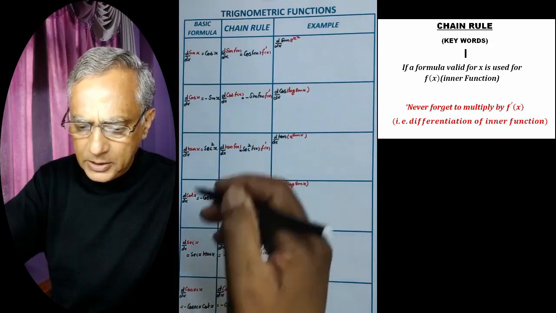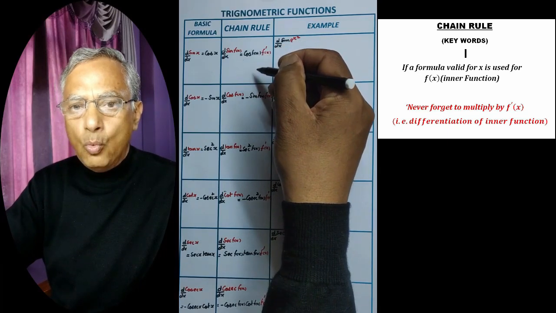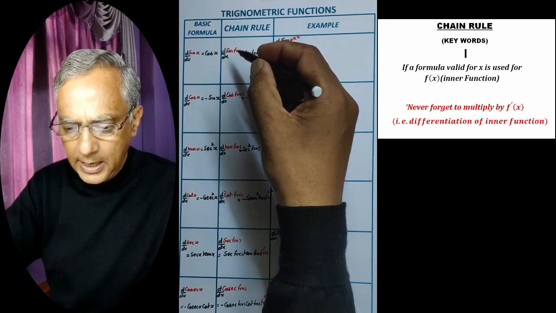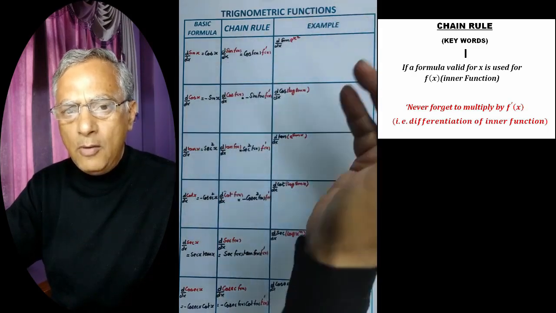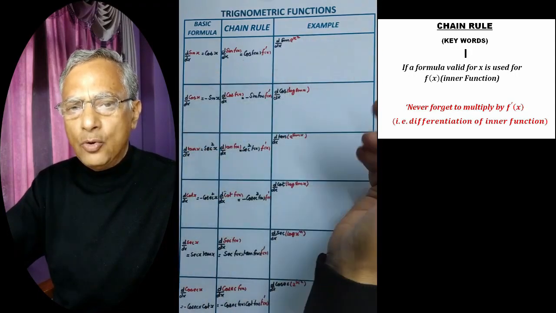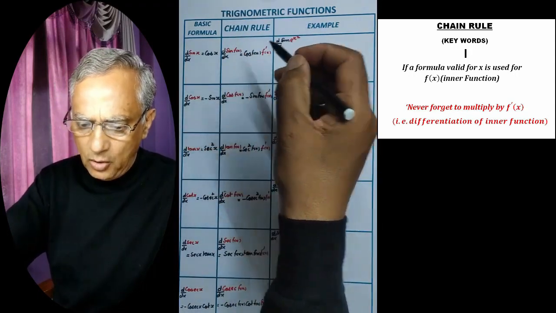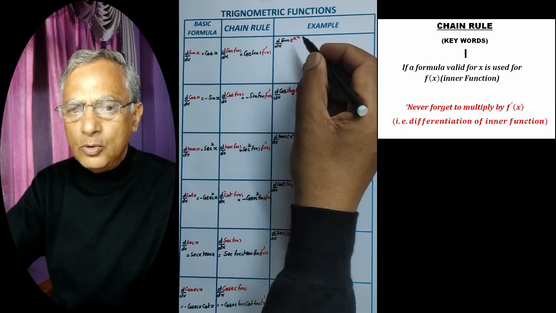In the previous formula I illustrated how to use chain rule once only. Here we will illustrate how to use chain rule more than once, or multiple times.